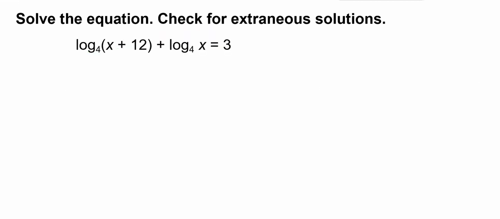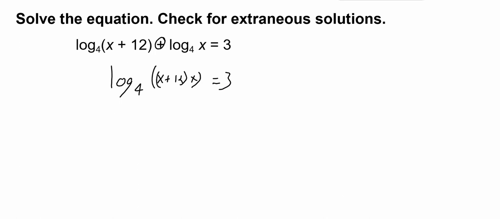Carrying this over, let's try another example here. Notice I have addition, and I want to write this as a single logarithm first. So I get log base 4, and addition goes to multiplication, so I have x plus 12 times x equals 3.